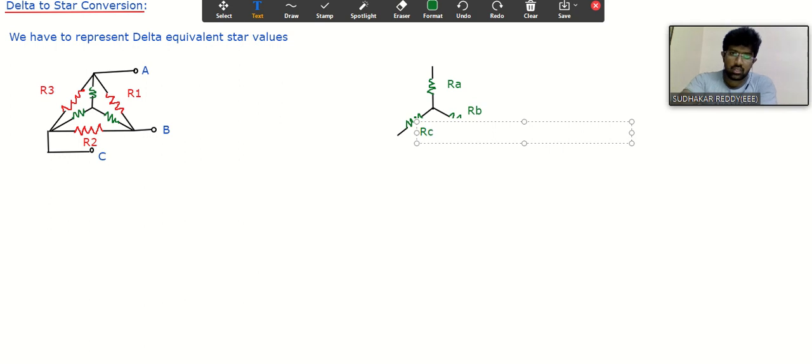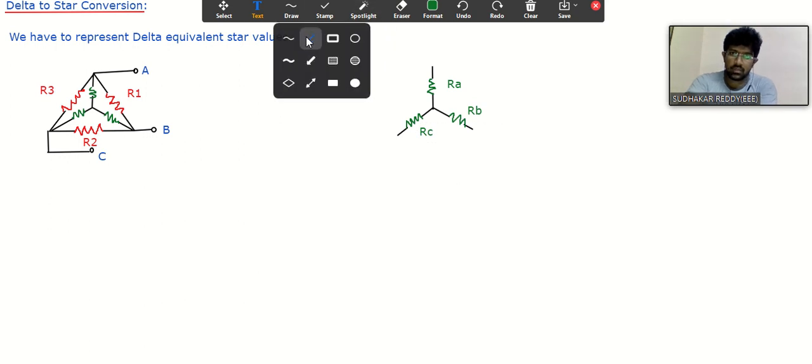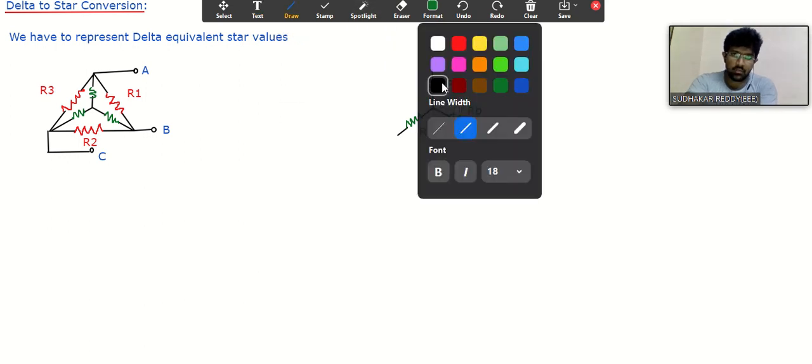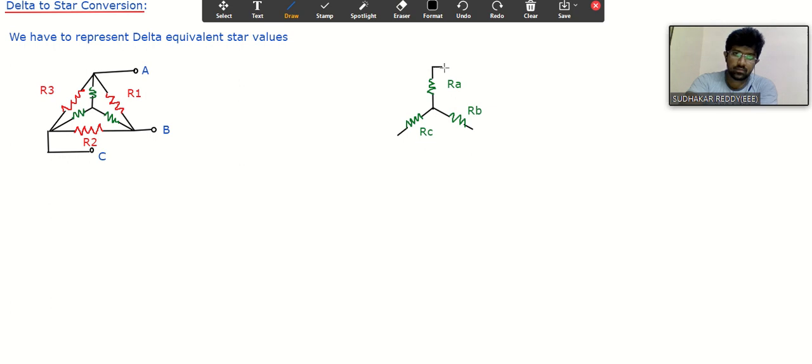So in this star also how many outcoming terminals are we having? We are having three outcoming terminals. So this terminal is A and this terminal is B and one more terminal is C.